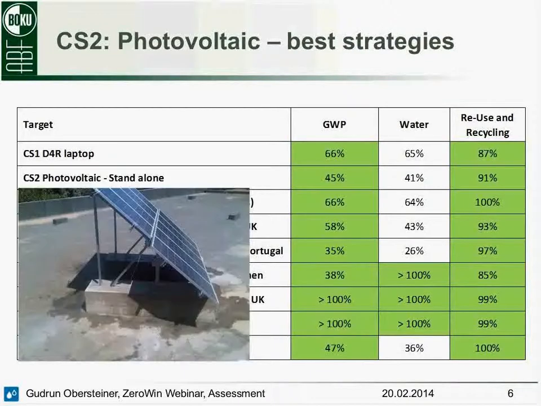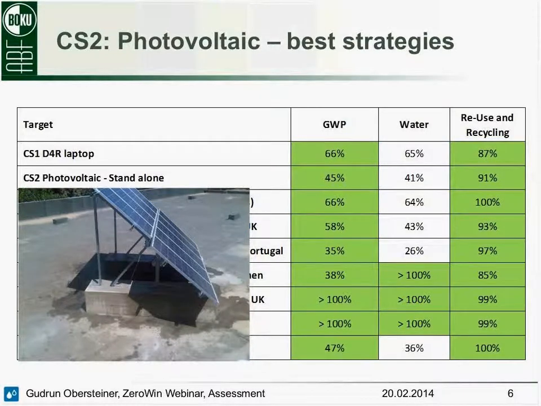Another example from the photovoltaic case study, and here the best strategies. It turned out, for example, that to reuse the steel structure is a very good possibility for savings of greenhouse gas emissions. So this would lead to 24% greenhouse gas emission reduction. Also, a lifetime prolongation could help very much.